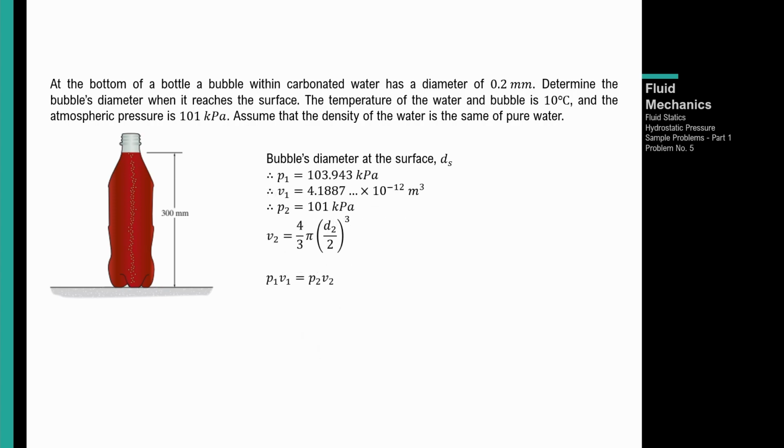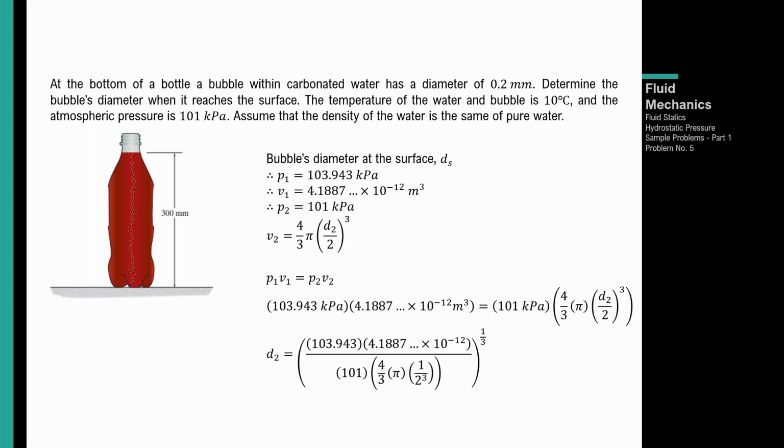So, P1 V1 is equal to P2 V2. Substitute the computed values into the equation. Divide both sides by 101 kilopascals and by 4/3 pi. Then the expression with D sub 2 over 2 becomes 1 over 2 cubed, and then take the cube root.